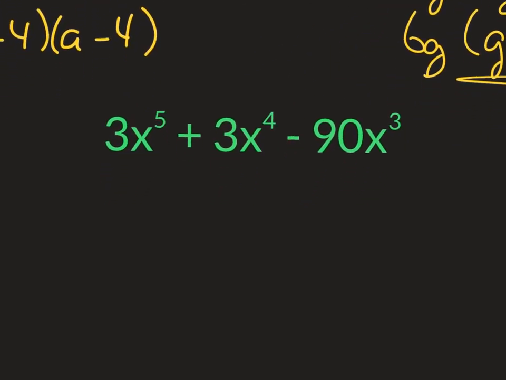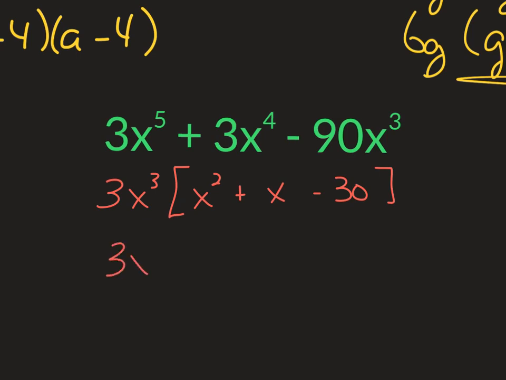One more. Similar to the one we just did. Always start out looking for your GCF. So I'm taking out a 3, and I'm also taking out the x cubed. And what that leaves me with is an x squared, an x. I take out the 3, and 3 goes into 90 30 times, and I'll take out the x cubed, so that's what's left. So I'm looking in my parentheses there, thinking, can I factor that some more?